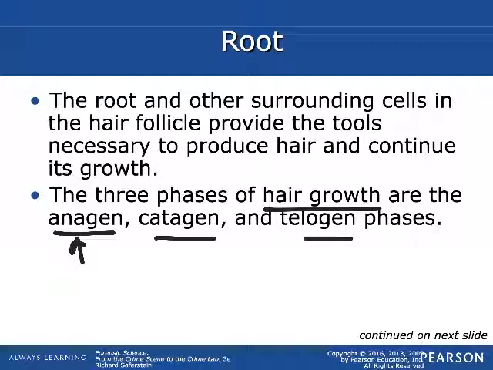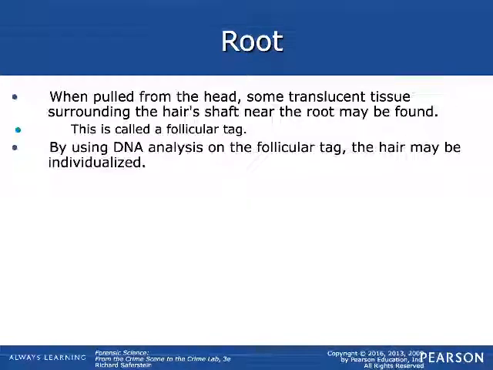Catagen is in between, in the middle, and then telogen is when the hair actually falls out. Your hair starts out in anagen, like ACT, or AC&T, which kind of helps because we have that company. Anagen is first when it's starting to grow, catagen is in the middle, and telogen is at the end when it actually falls out of your head or your skin.